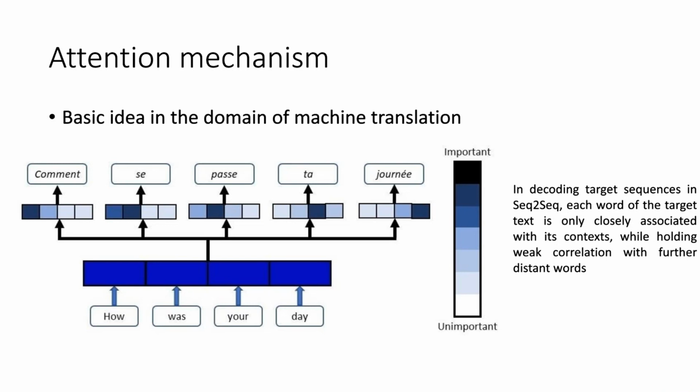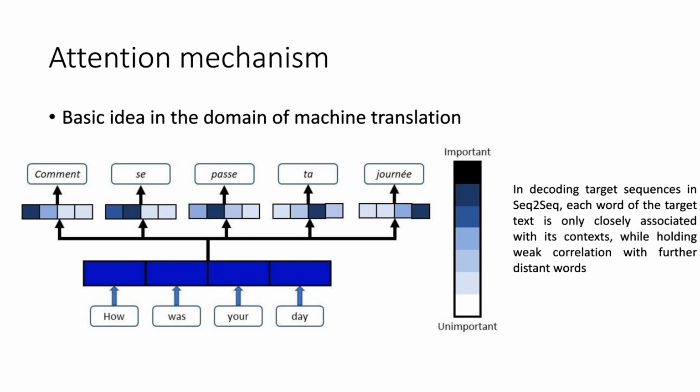Each word of the input sentence will have some correlation with each word in the output sentence. But each input word will play a different role in predicting the output word.